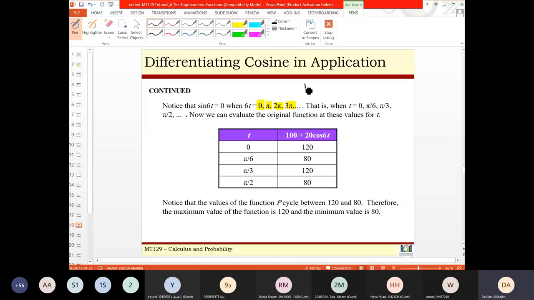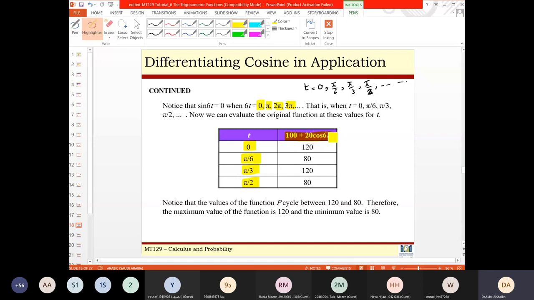So the t itself, if I divide all by 6, is 0, or pi over 6, or pi over 3, or pi over 2, and so on. So they told me to give two values of this. So I'm going to put a table with the t values 0, pi over 6, pi over 3, and pi over 2, and I start to calculate the value of the function to see if it's a maximum or minimum.